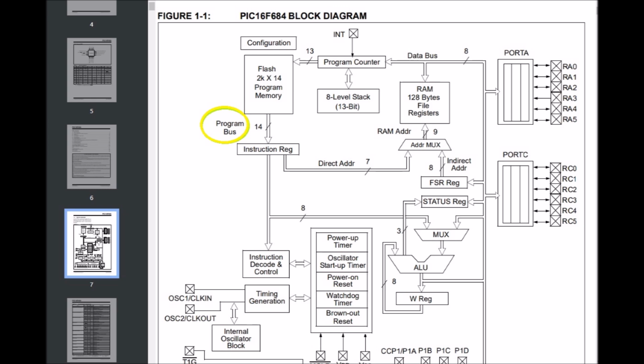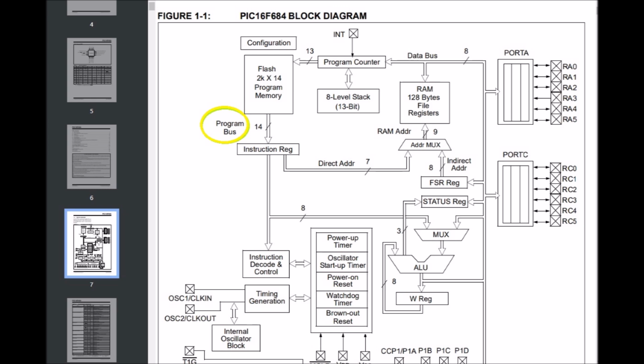Instruction execution: once an instruction is fetched, the CPU decodes and executes it. The process may involve reading or writing data to or from other parts of the microcontroller, such as the data memory or I/O ports. Once again, we're talking about the program bus, and this is a breakdown of its role.